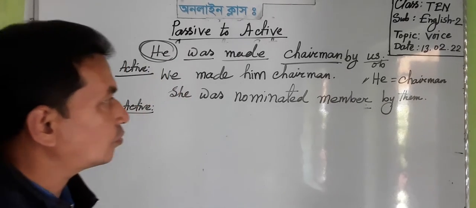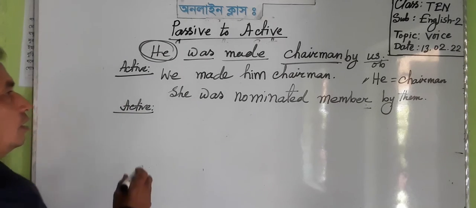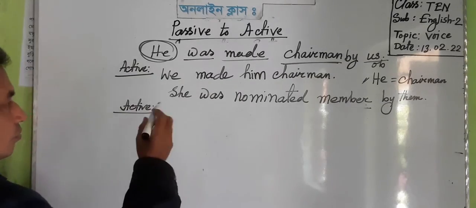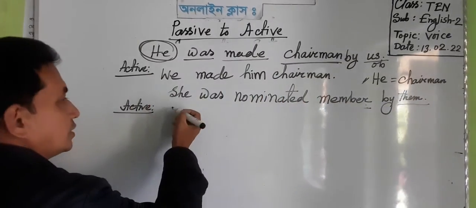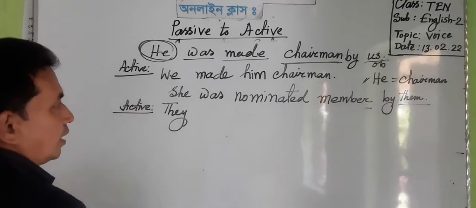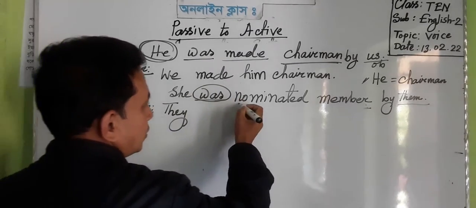As usual, we should change the passive voice into active one, like the above sentence. We have to change the object at first. The object is them and its subjective form is they. And this is past indefinite tense, as usual: was nominated.